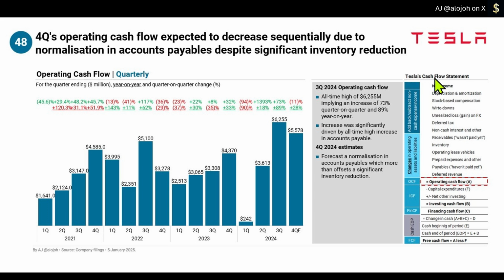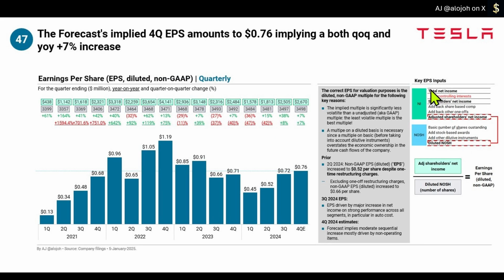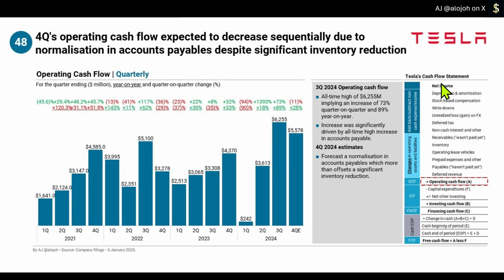You start with the net income from the P&L. So basically, you start from this line up here, and then you add back various items. Then you subtract certain items, and then you get to the first of three main components in the cash flow, which is the OCF, or operating cash flow. Then you look at the investment activity.